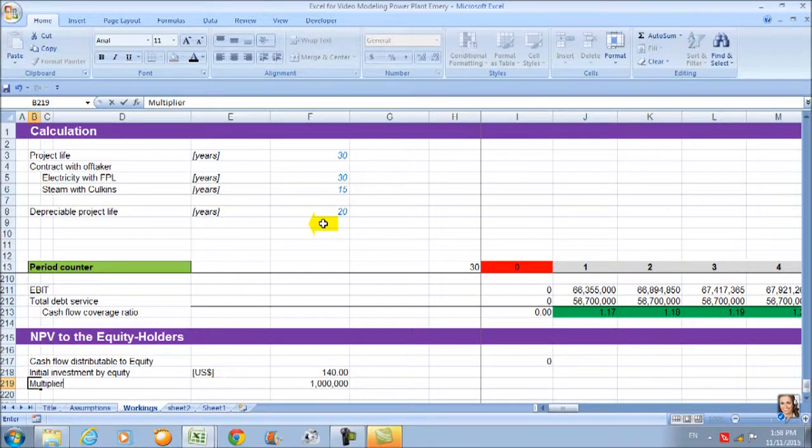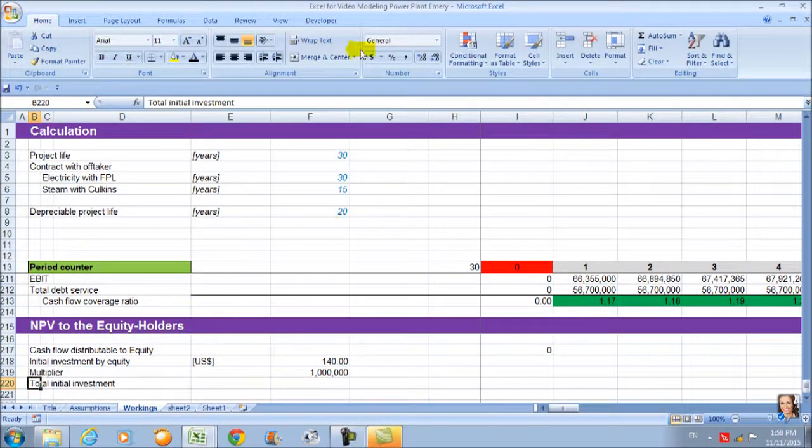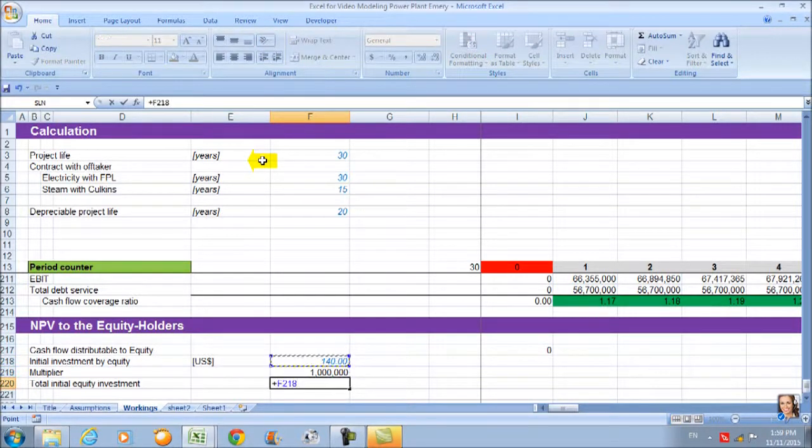Then you have a total initial investment, full equity investment. Okay, so this will be blue, italic, and this is basically you just times this. Okay, this is the calculation.